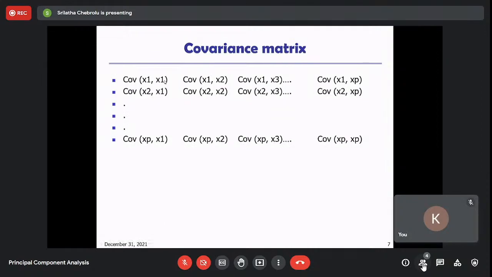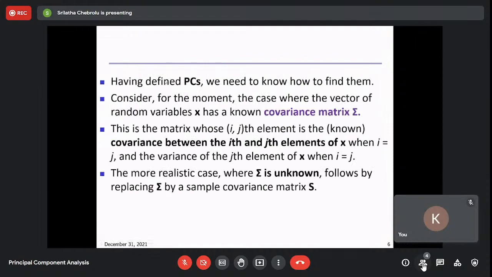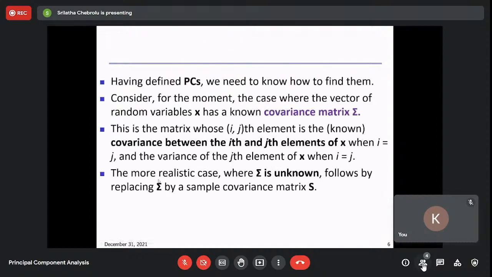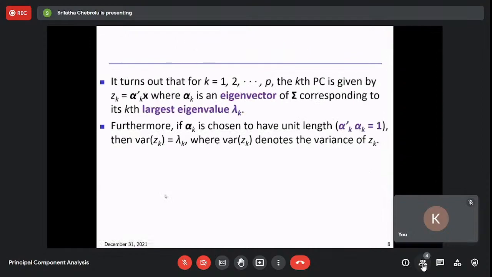So we have the covariance matrix defined, and till now we have defined the principal components. This covariance matrix we are denoting with sigma. For k equal to 1, 2, and so on up to the kth, the kth PC is given by this; we have already seen this representation, right?